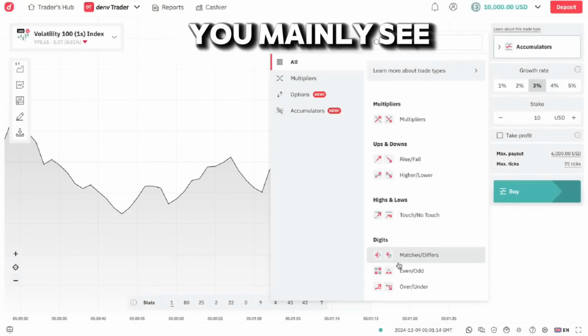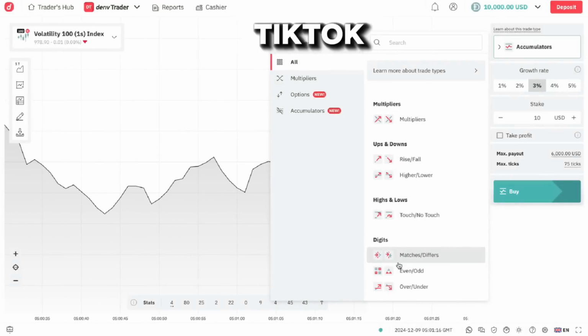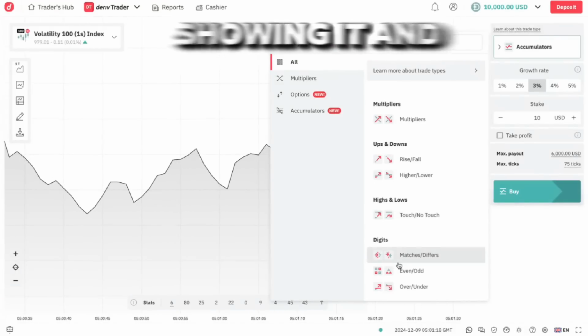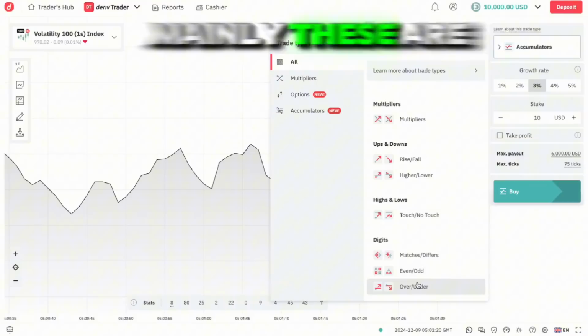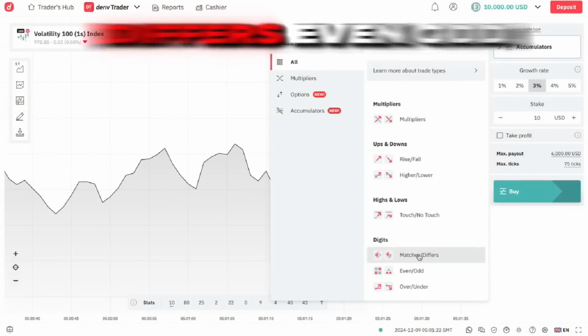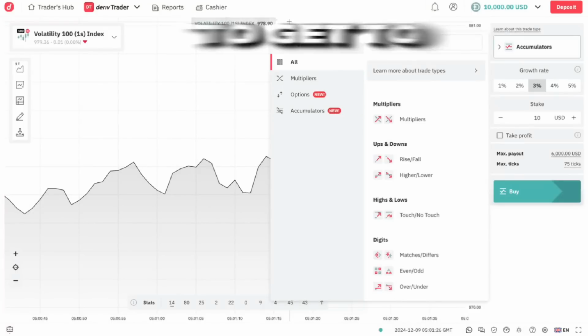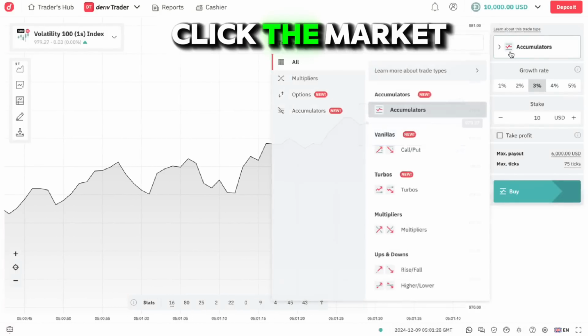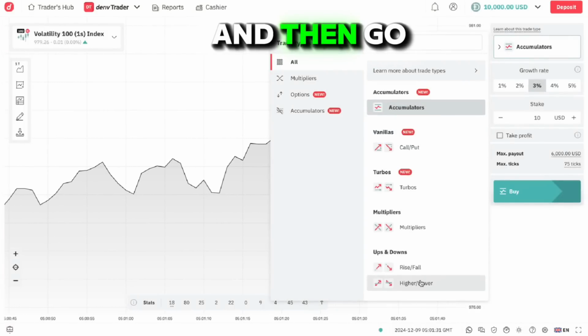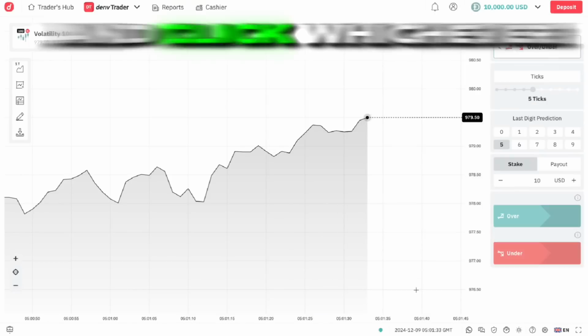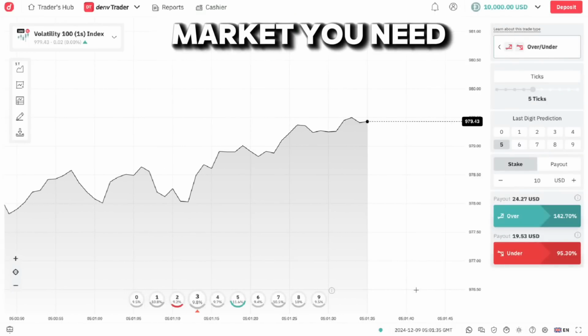Digits is what you mainly see on TikTok as people are showing it, and on any other platform. Mainly these are the markets that people trade: matches and differs, even, odd, and over under. To get to that market, you just need to click the market that is already existing and then go to digits at the bottom and click whichever market you need.